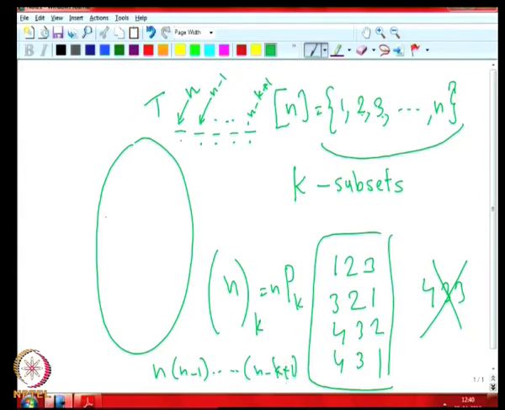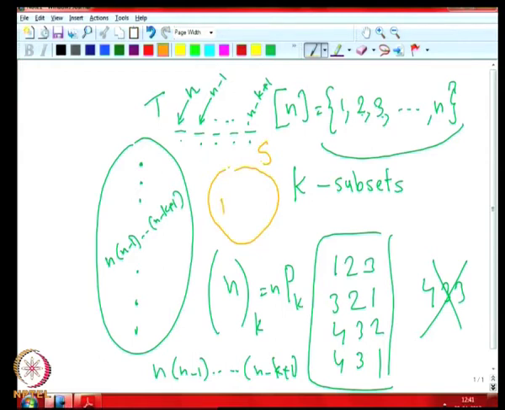So, this many members, that is n into n minus 1 into up to n minus k plus 1, are there in this set. These are not points; each of them is a list. Now, we consider the thing we want to count, the set S. What is that?